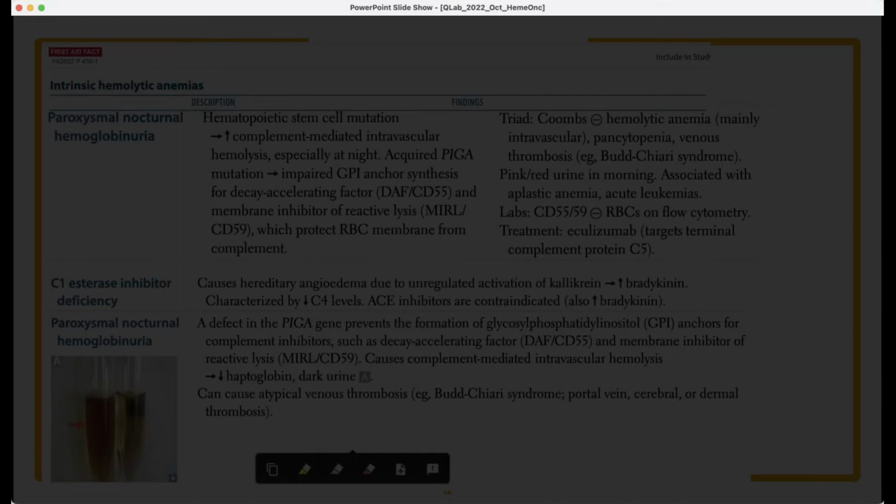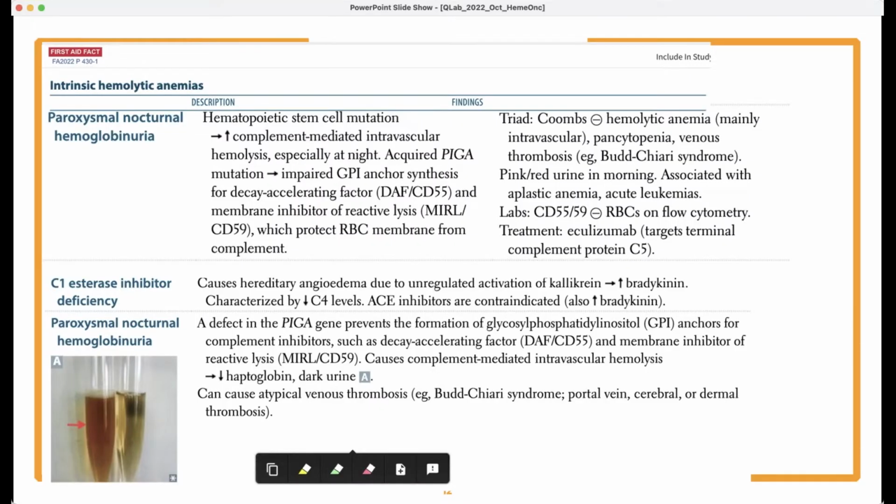this condition results from a mutation in PIGA, and these help produce anchors, okay? These anchors attach to the extracellular surface of cells, okay? As you can see, two of those proteins are CD55 and CD59.